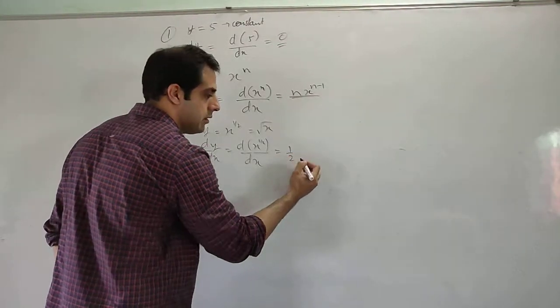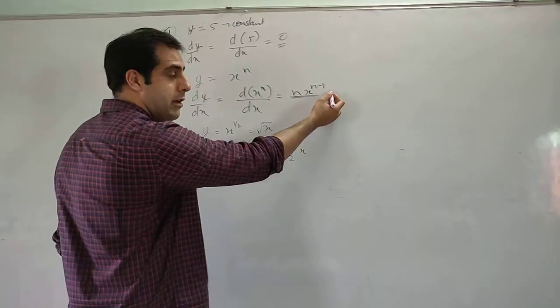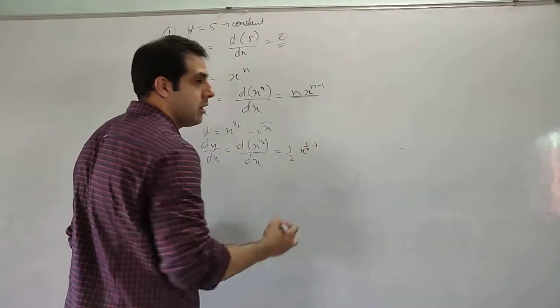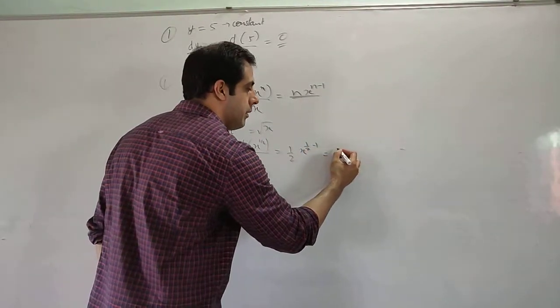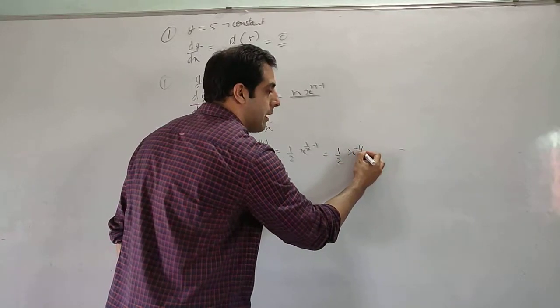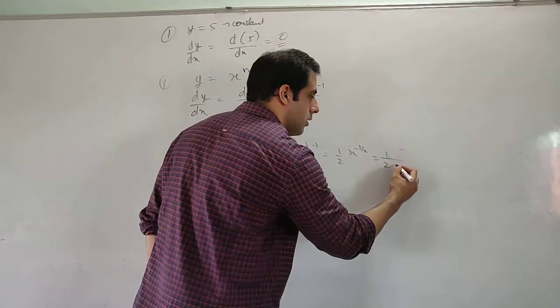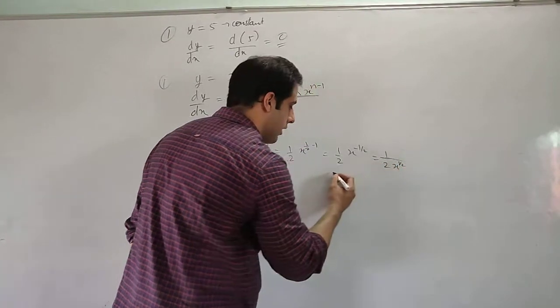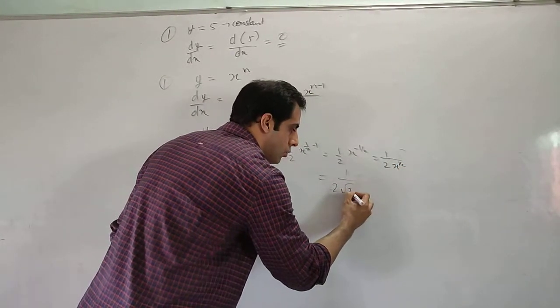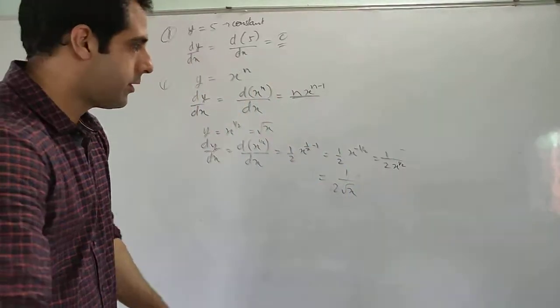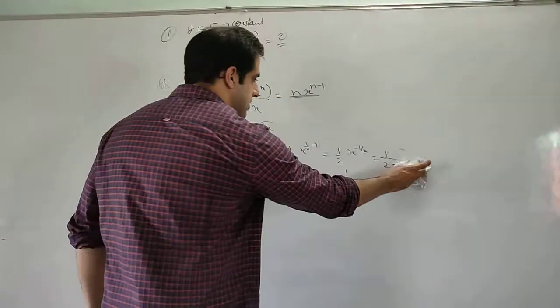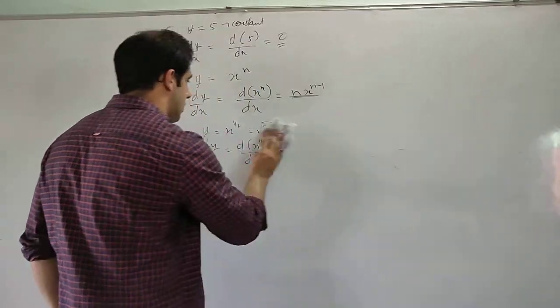Power will come here, x, and the power will be reduced by 1, 1 by 2 minus 1. What will it be? 1 by 2 x to the power minus 1 by 2, or 1 upon 2x to the power 1 by 2, 1 upon 2 root x, whatever you want. So this is how we apply this formula.